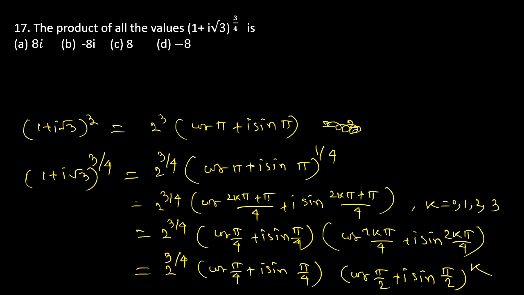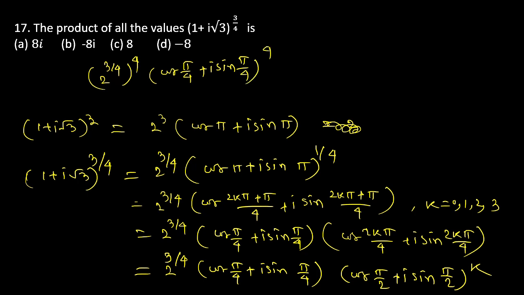The number of roots of (1 plus i root 3) whole to the power 3 by 4 is 4, for k equal to 0, 1, 2, 3. So if we multiply the roots, we get 4 times 2 to the power 3 by 4, so 2 to the power 3, and 4 times cos pi by 4 plus i sin pi by 4.